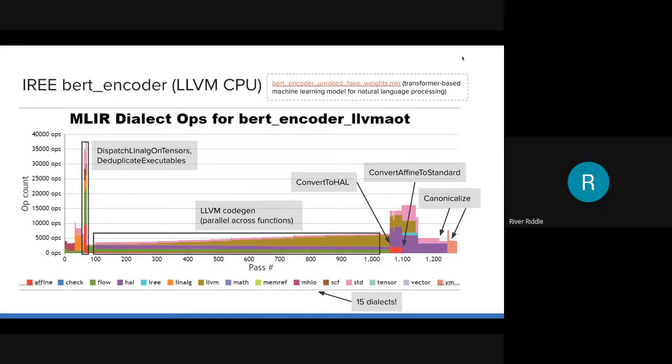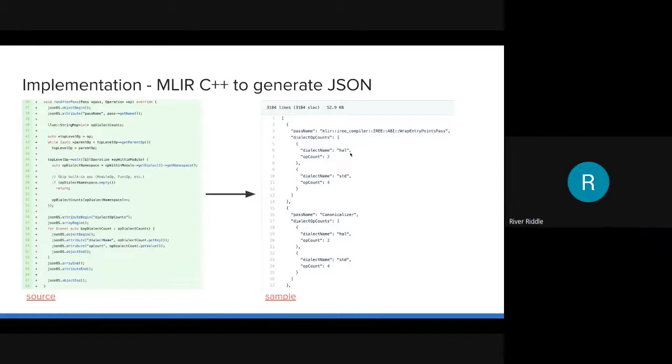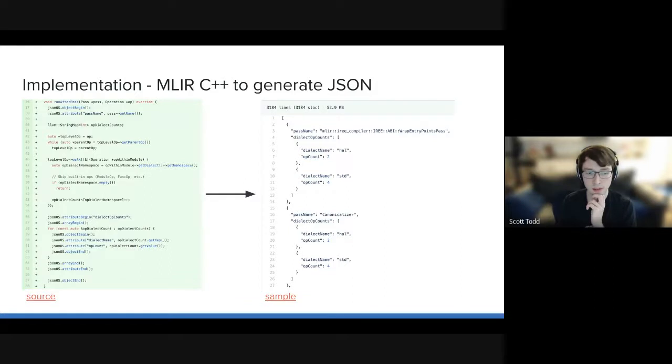Do you have plans to extend it beyond just the op name or the dialect, I guess? I'm trying to think of what would actually be in tree. If it's just JSON dumping the print op stats pass, or if there's intentions to add more things. Yeah, I wasn't too sure about that, and would be curious to see if other people have similar things that they would like to do with the raw data.